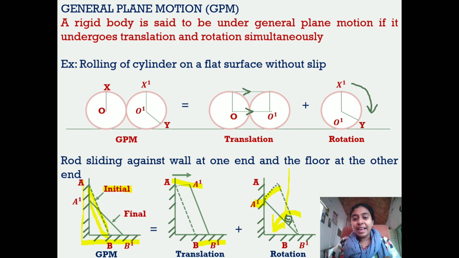So this A dash will come from this position to this position. So this A dash B dash is your final position of the rod when it is subjected to both translation and rotation. So this is another example for translation and rotation.